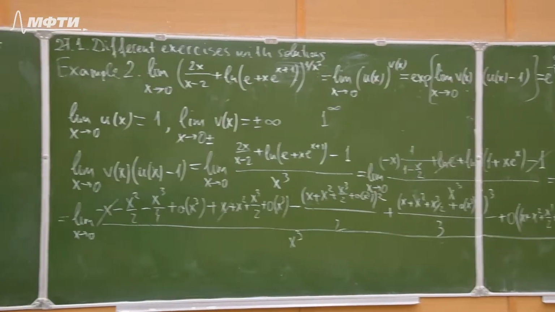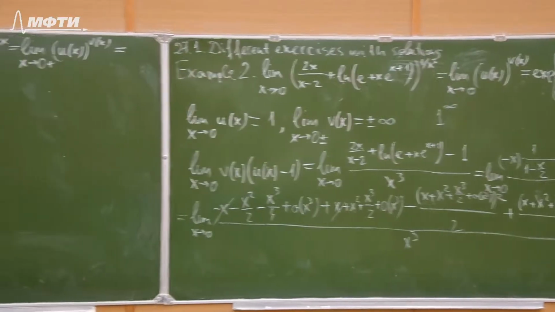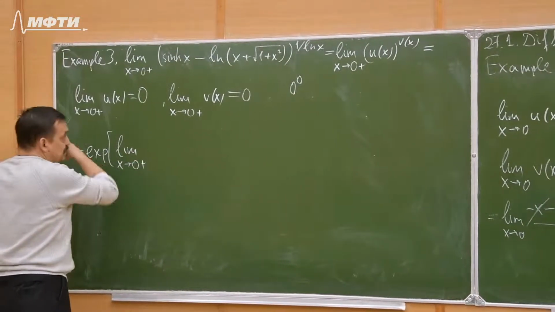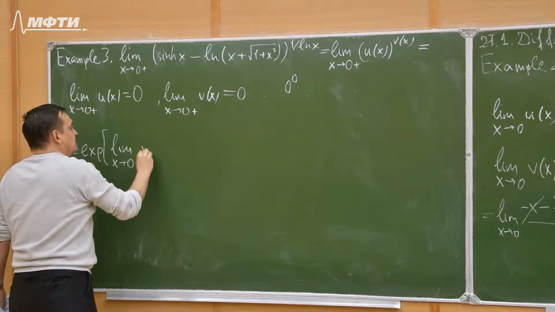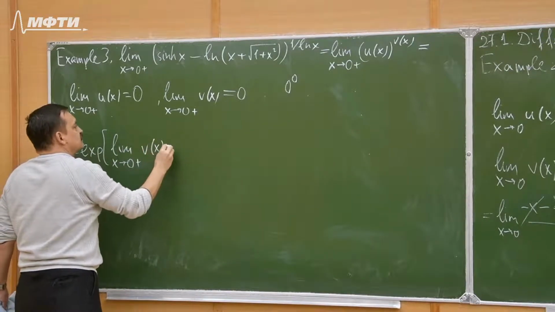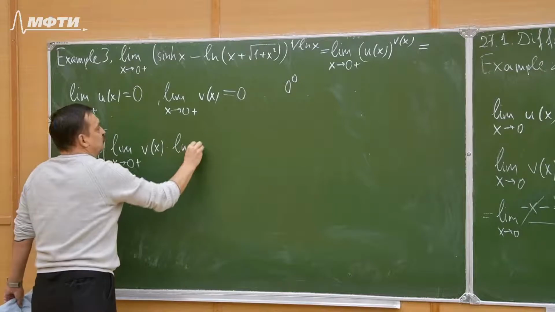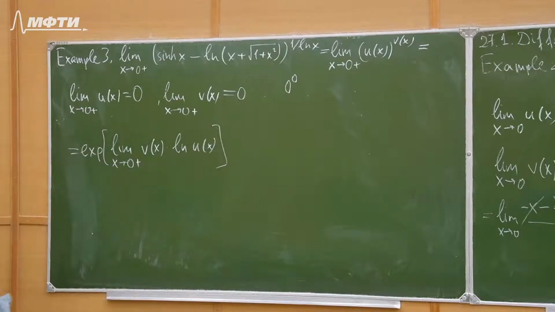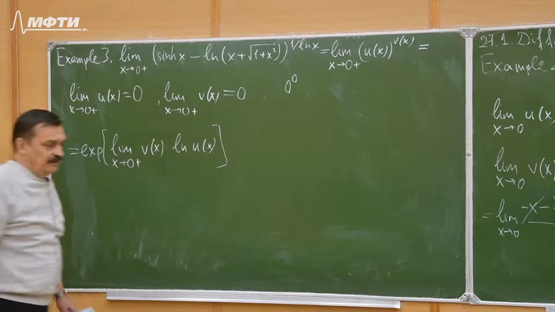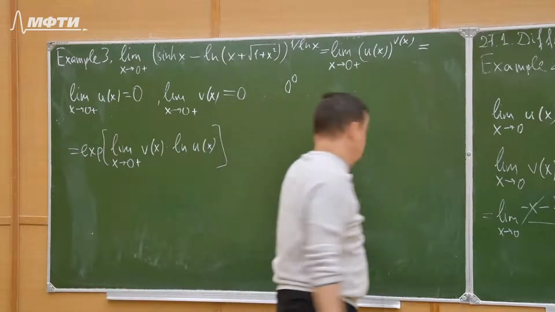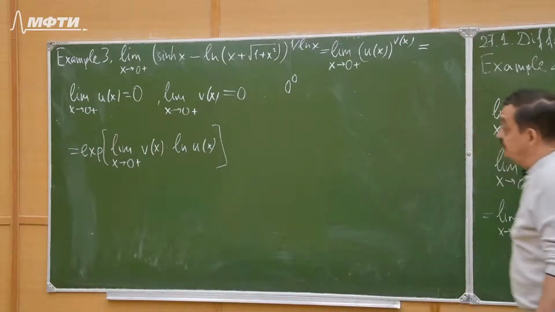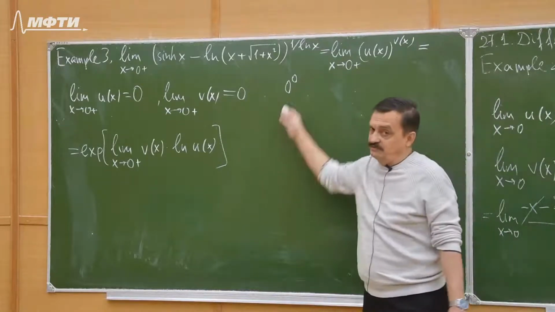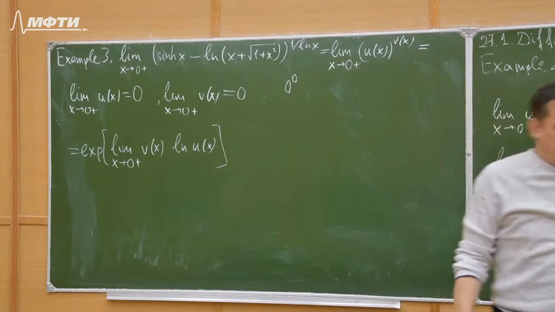So that gives exponent of the limit as x tends to 0 plus of v of x times logarithm u of x. That is valid in any case. Doesn't matter which kind of indeterminacy, in fact, we have.